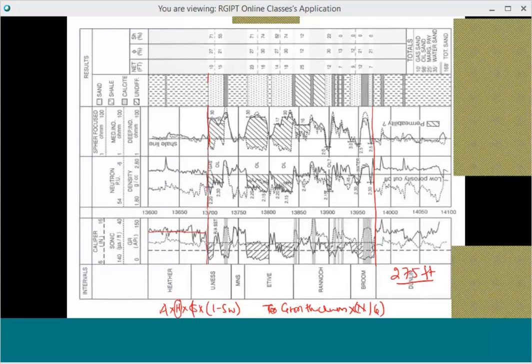Now, this formation, which is 275 feet thick, probably can be mapped even on seismic. Okay.